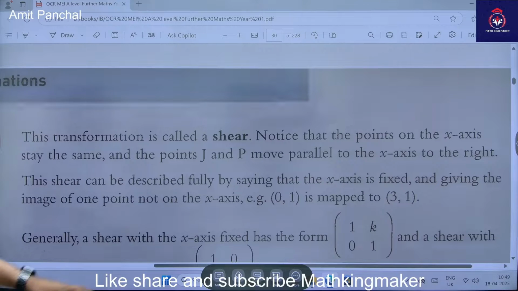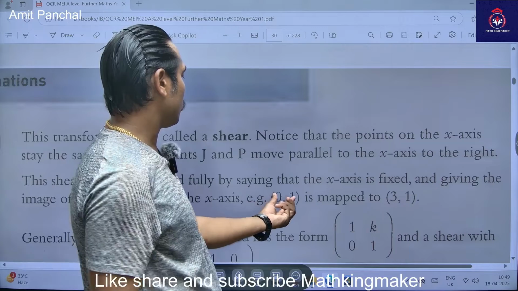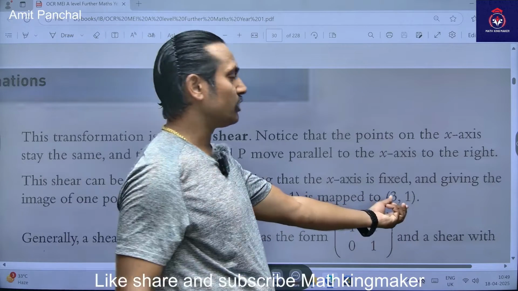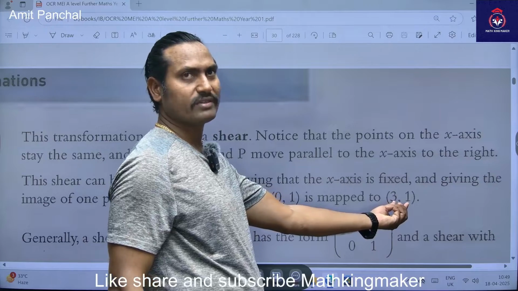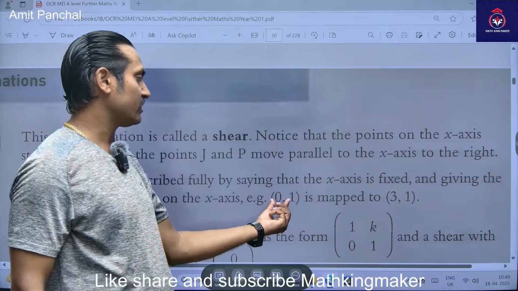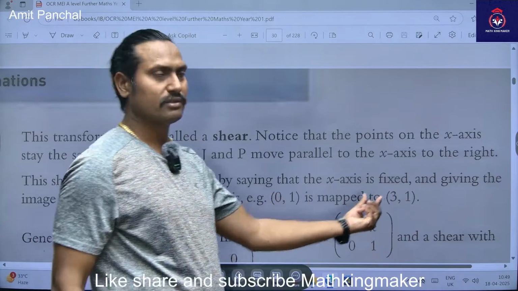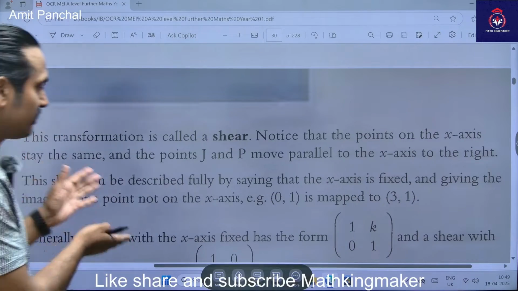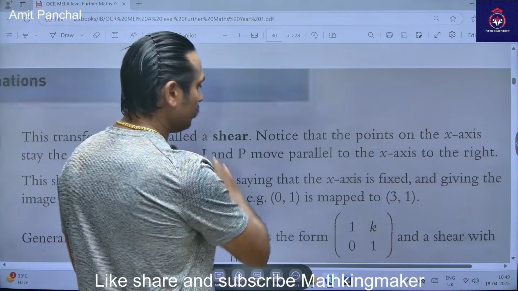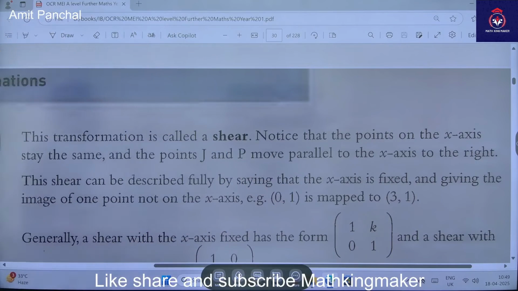That is, your point 0 1 is mapped to 3 1. It was on the y-axis, now it is not on an axis. If a point on an axis is mapped off the axis, then it is said to be a shear.